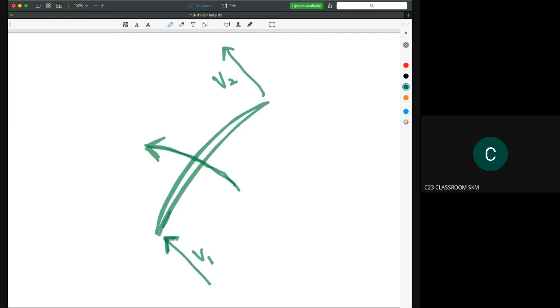So if the real velocity flows without any friction, in ideal condition, I hope you understand the meaning of ideal condition, meaning when the flow doesn't have any resistance, so it's similar to the theoretical.